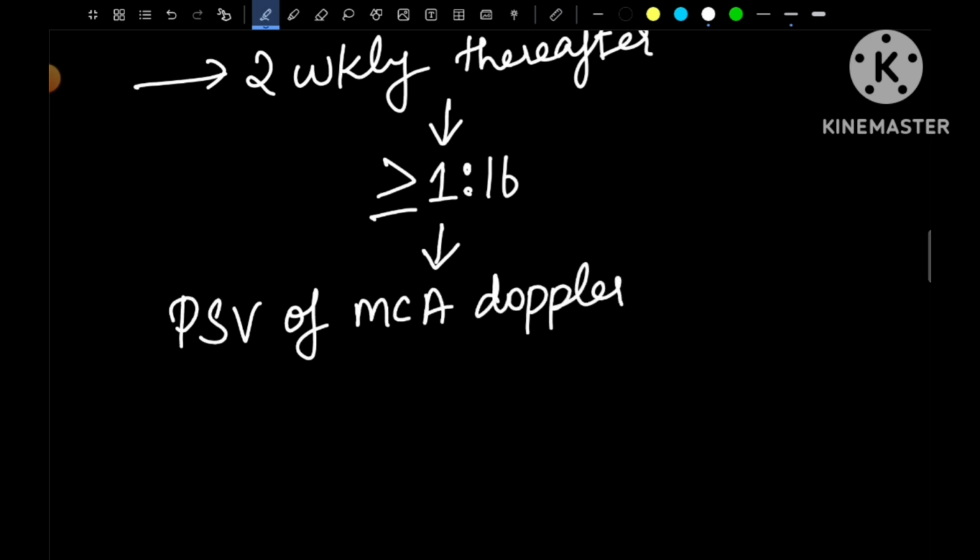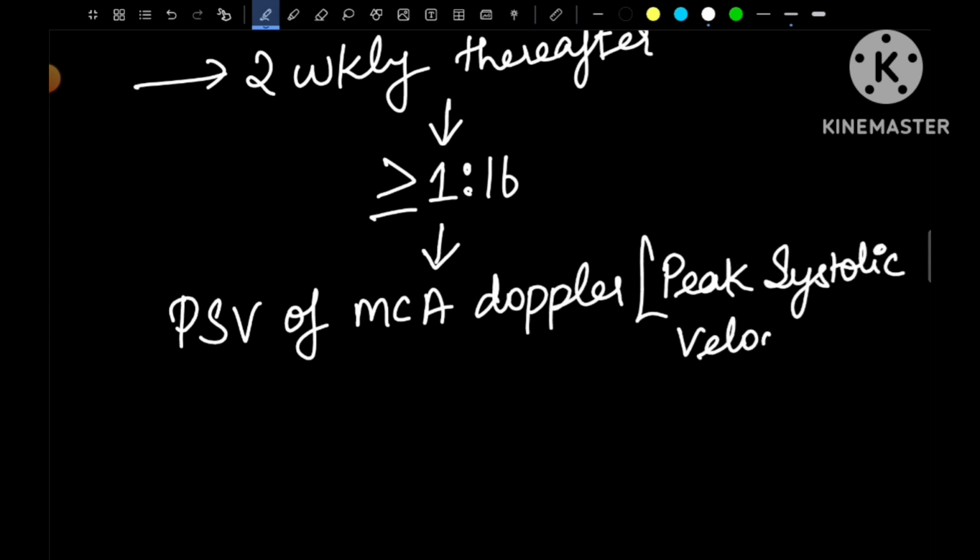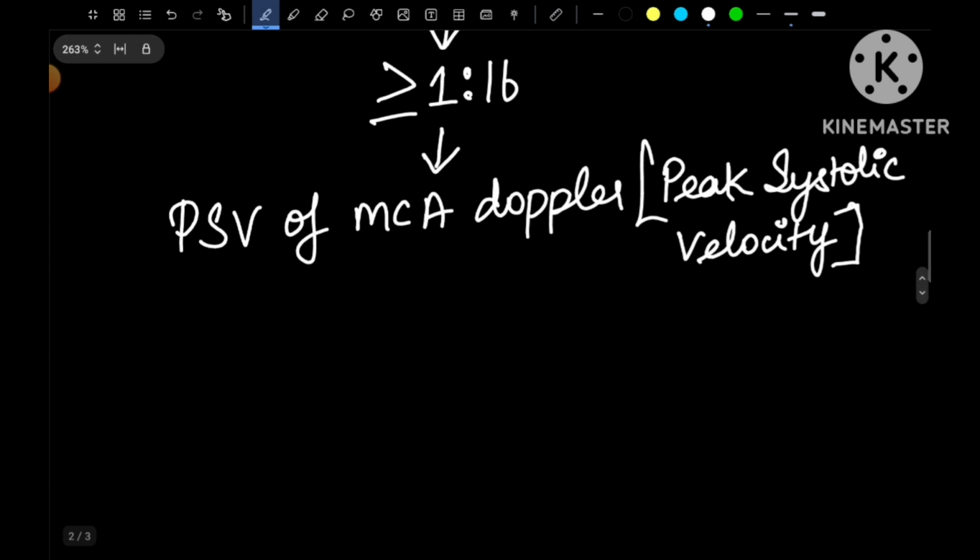PSV is peak systolic velocity, and MCA is middle cerebral artery. We do an MCA Doppler to find the value of peak systolic velocity.